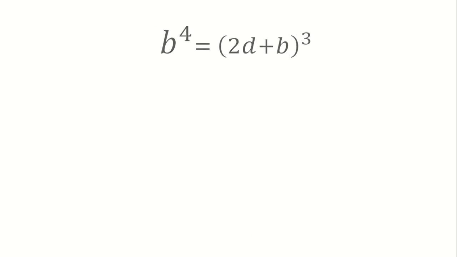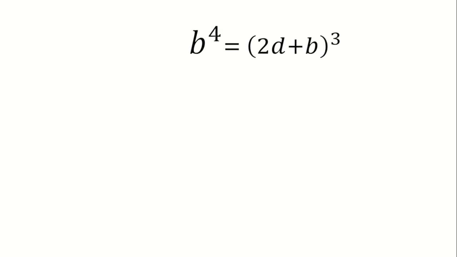And we know that b to the power of 4 is a fourth power of a number, and on the right side of the equation we have the cube of a number. So this number is a number which is the power of 12 of another number.